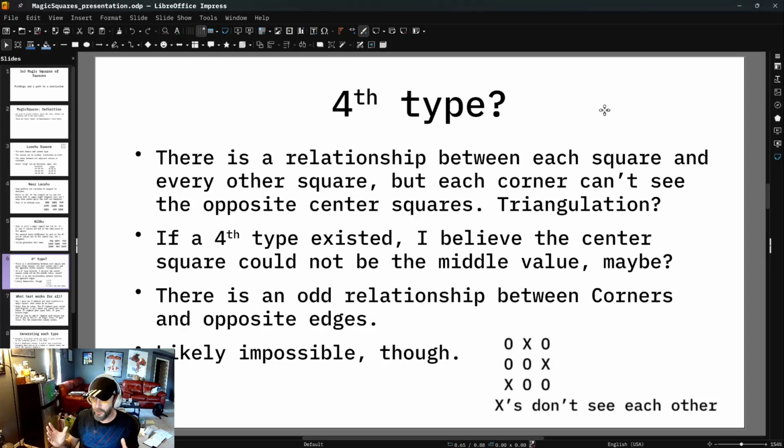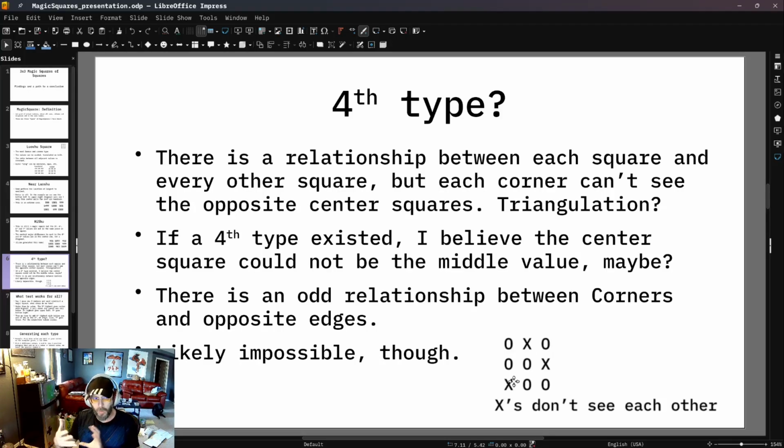There is a relationship, and what I've written here is that every corner in a magic square can see every other corner and is eventually added with every other corner. Picking the bottom left and working our way out, the bottom left adds with the top left as a column, the bottom right as a row, and the top right, its opposite corner, as a diagonal. It happens every time.